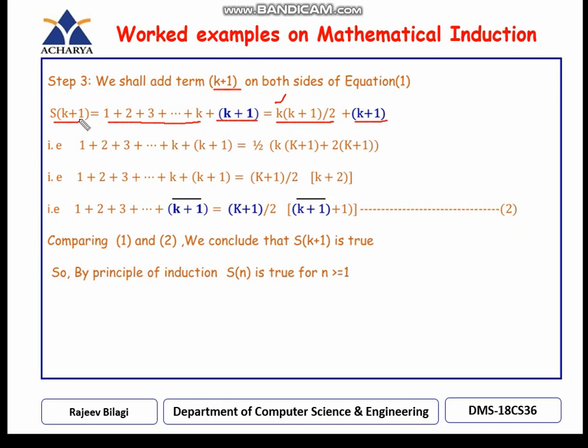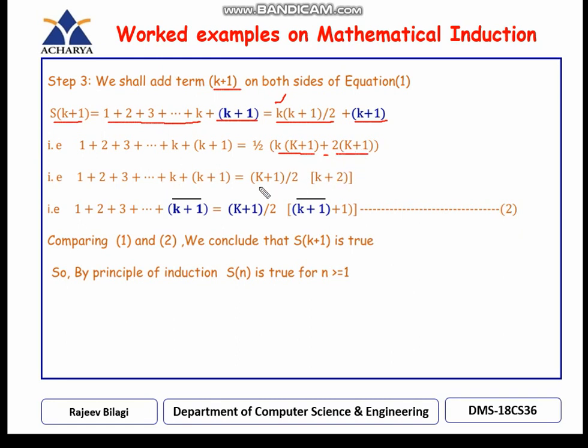Okay. So now that is 1 plus 2 plus 3 up to k into bracket k plus 1. If you look at it, 1 by 2 I have taken out. If I take the LCM of this, what will happen? k into bracket k plus 1 plus 2 into bracket k plus 1.